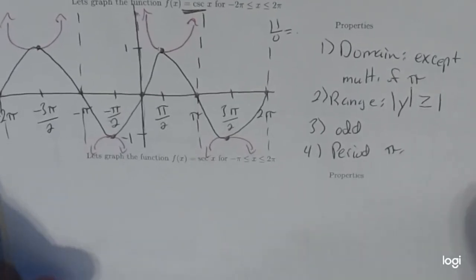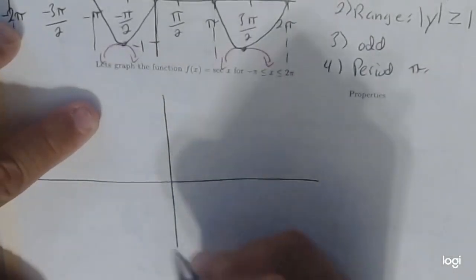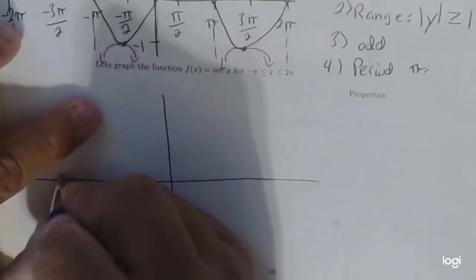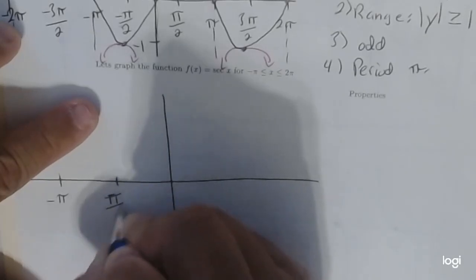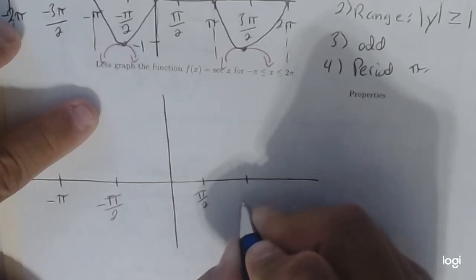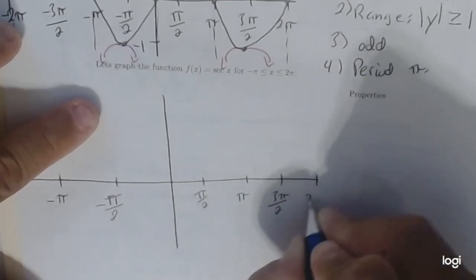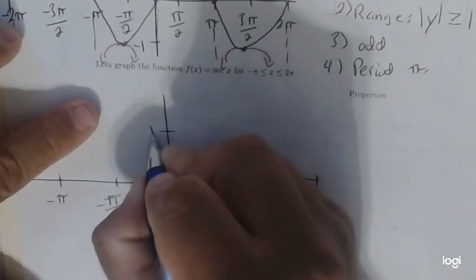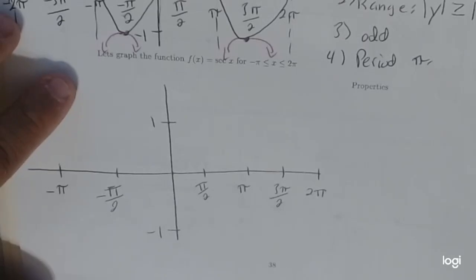So now, the last one is secant. We're going to literally do the exact same thing we did above, but now we're graphing cosine.